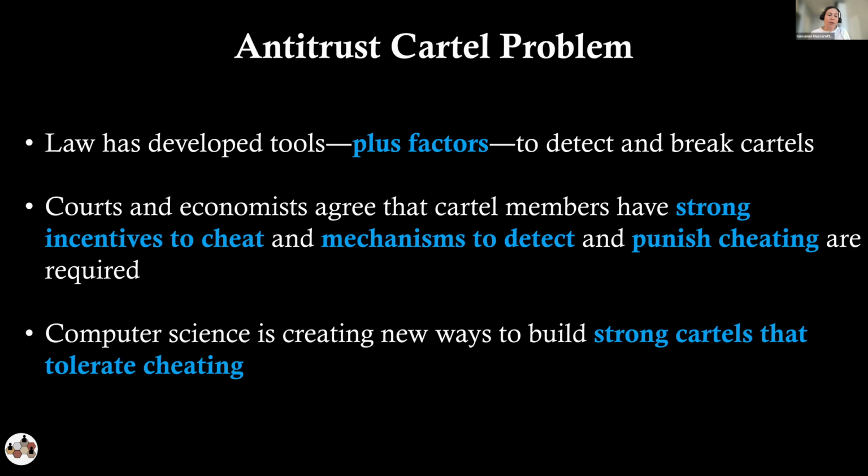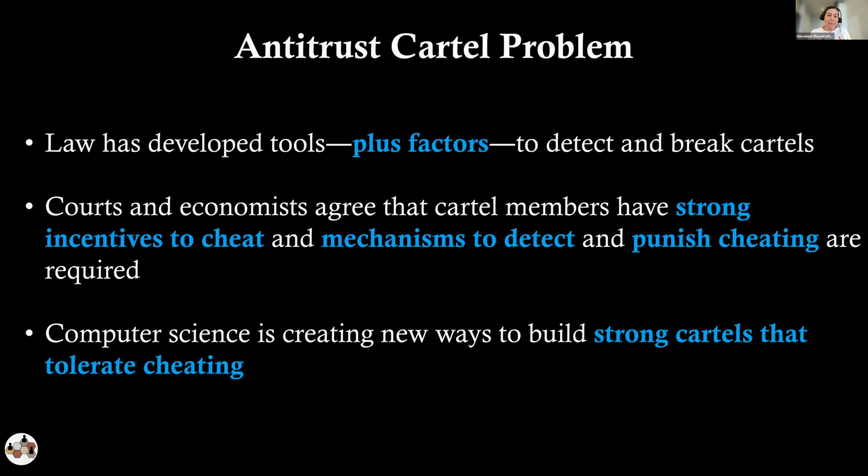For example, plus factors to detect a cartel agreement include price parallelism, or market characteristics such as a highly concentrated market or high barriers to entry. The fact that competitors colluded in the past is another plus factor, or that the conduct is the rational result of concerted action.